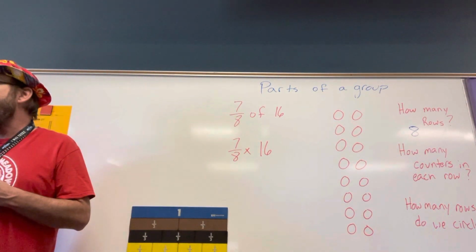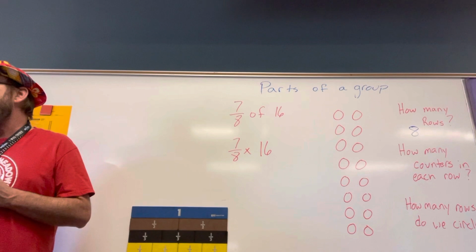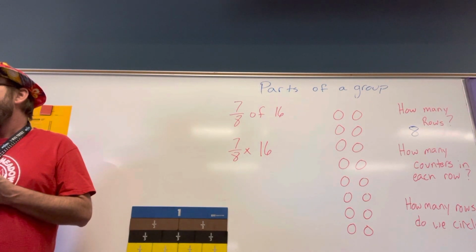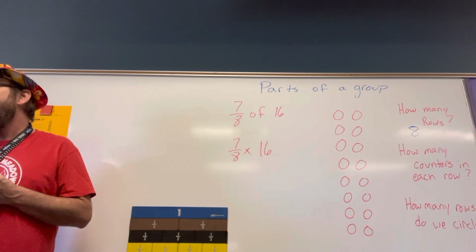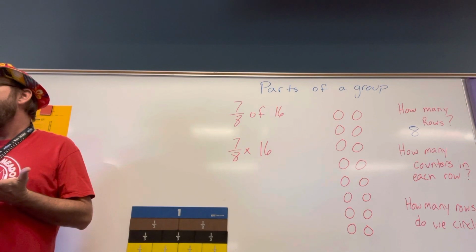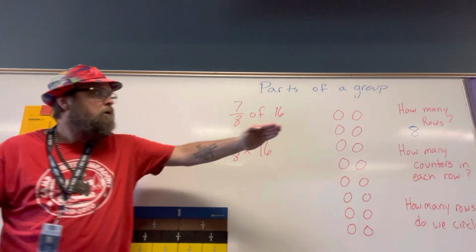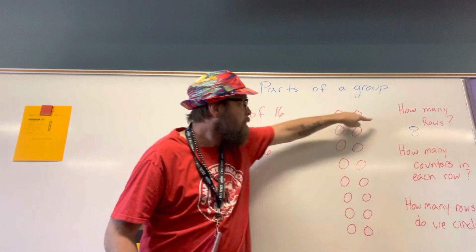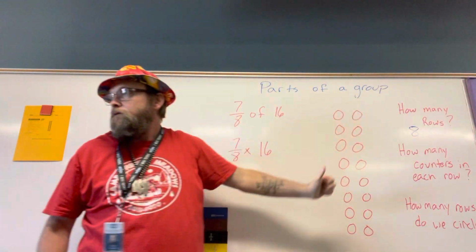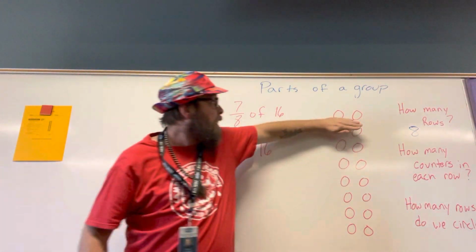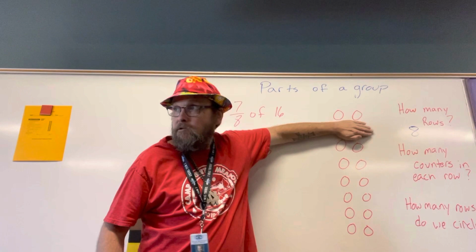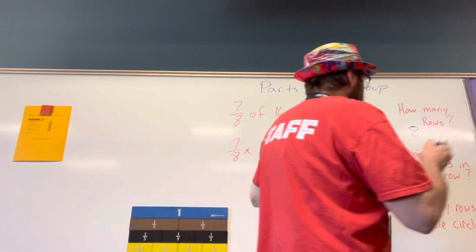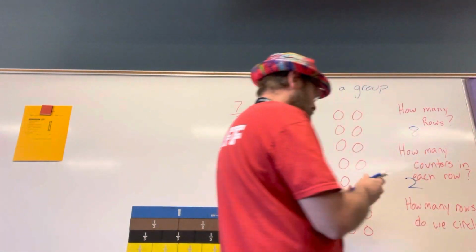How many counters are in each row? Kieran? Each row. This is a row. How many counters? No, in one row. 2. Thank you. There are 2 counters in each row.